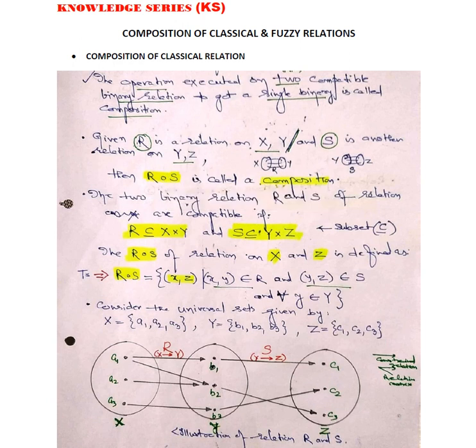So that is known as the composition of the two relations R and S. The composition R dot S expresses the relation between X and Z.